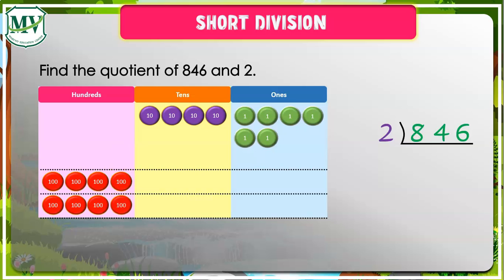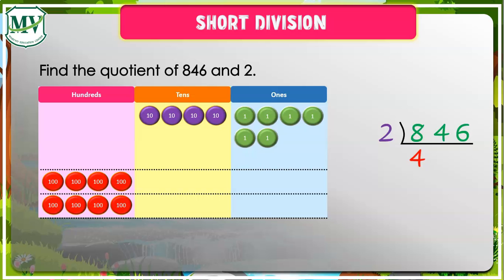As you can see, 8 hundreds divided into 2 equal groups, we've got 4 hundreds in each group. We will write 4 directly below the digit 8. Next, let's proceed to tens.